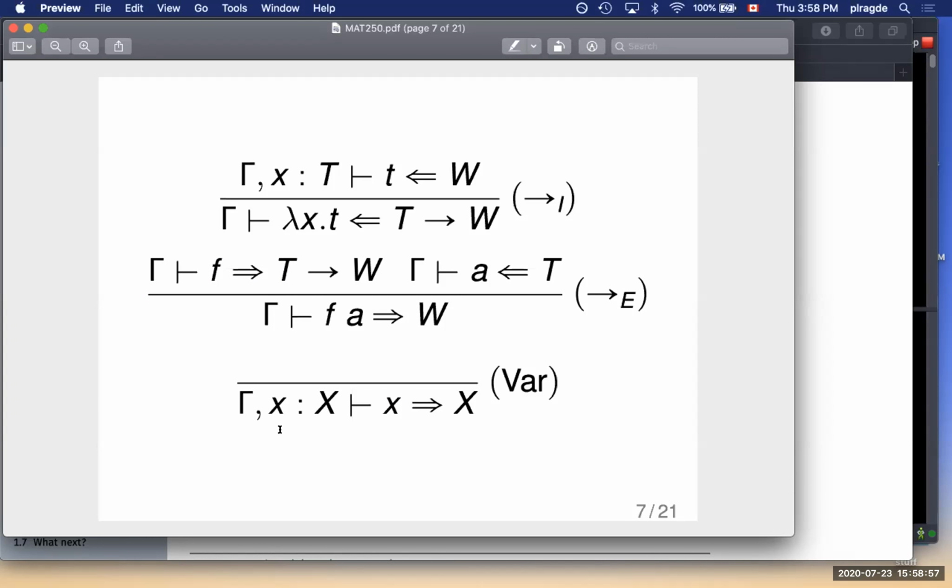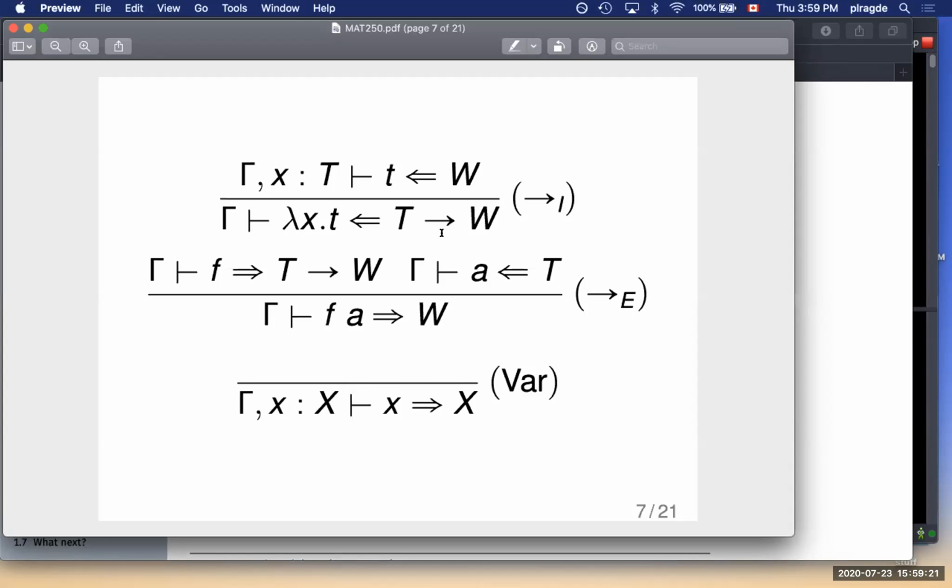And we should have a rule that says, if the last thing in a context is y:w, then throw it away and try again with the smaller context, because you need to root through that context looking for x. That's what we'll actually do in the program. So the rule is a little bit of a cheat here.